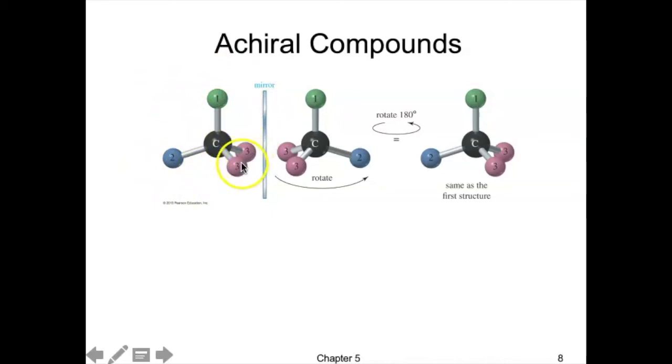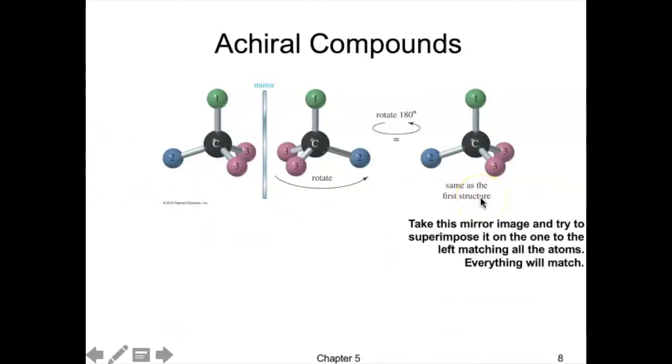So these two groups right here, these two threes, they're the same. So you reflect it in a mirror plane, and it turns out that all you have to do to your mirror image is rotate it, and both of these structures are therefore superimposable, which means that these things are called an achiral compound.